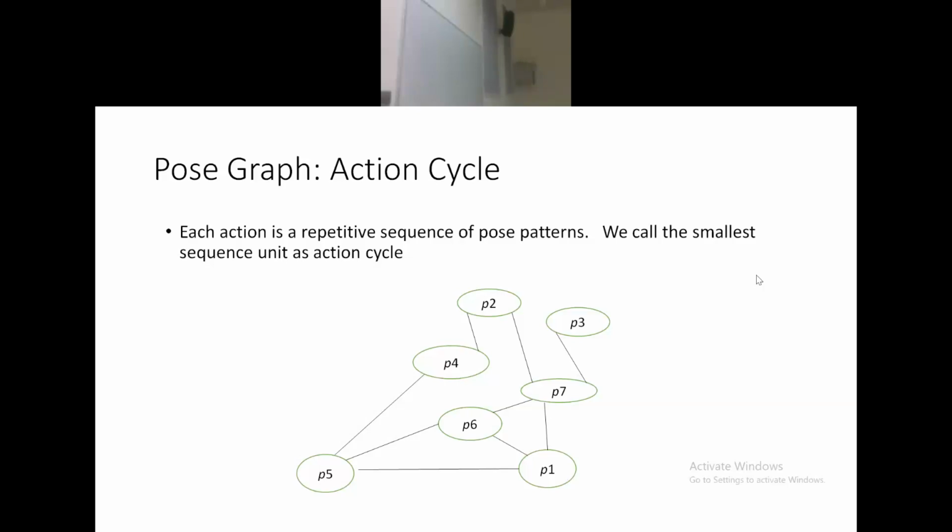So there is a sequence which is getting repeated. If someone is walking, left leg, right leg, left leg, right leg, these actions will be repeated for some period of time. And if you put them in a graph, the node which will be multiply connected will be dominant, central, and therefore easy to identify.